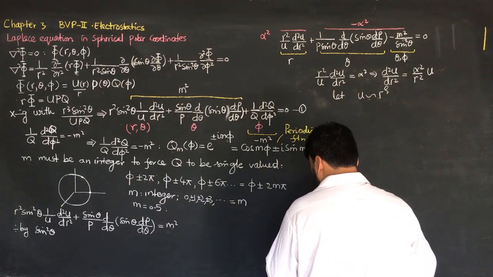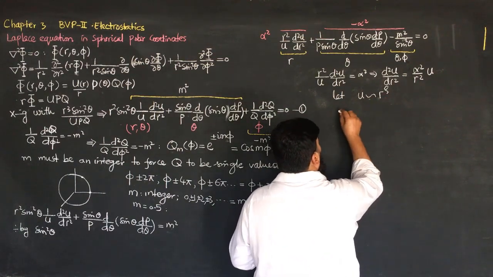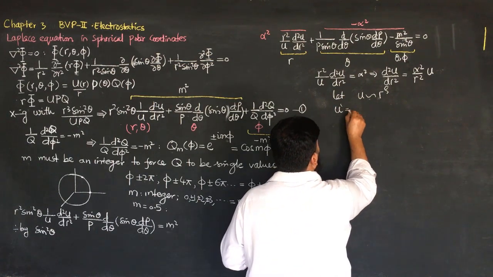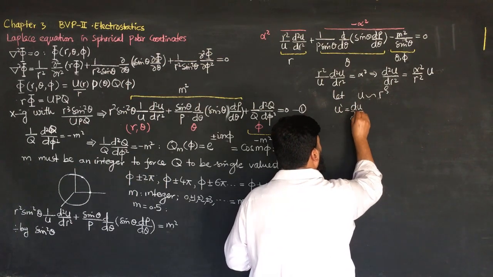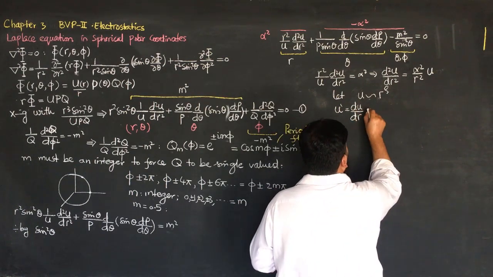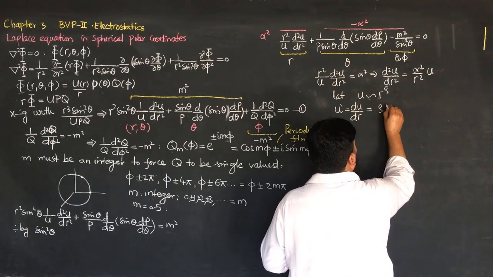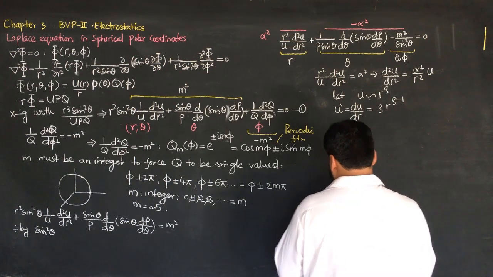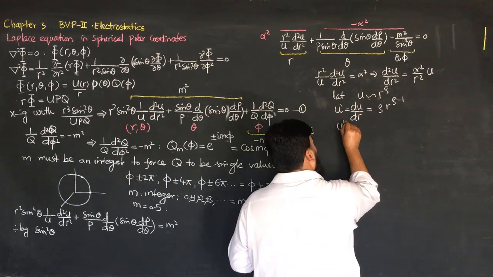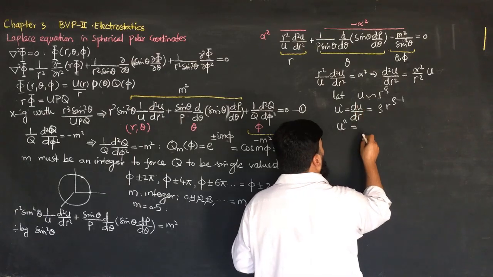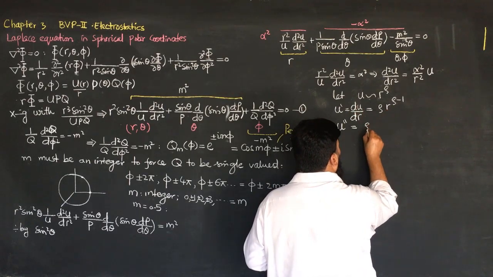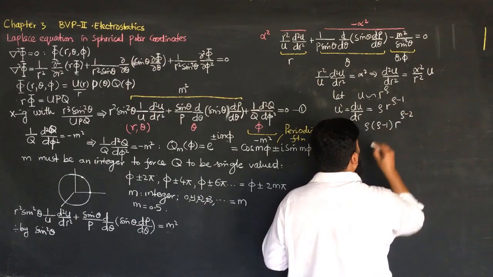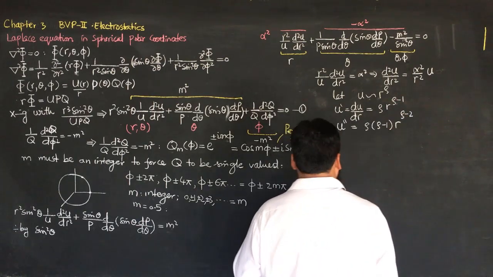What about u prime, meaning du by dr? This will be equal to rho r to the power rho minus 1. Similarly, u double prime will be equal to d square u over dr square, rho into rho minus 1 and r to the power rho minus 2.